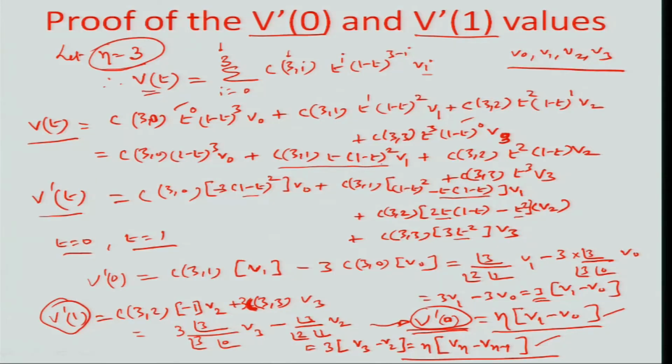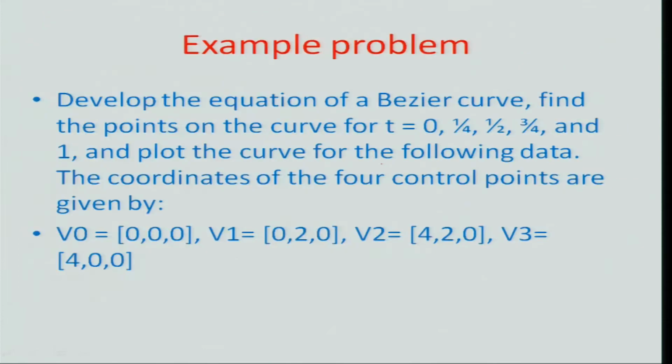So, we want to solve a practical example of a Bezier fit, where we want to develop the equation of a Bezier curve. We'll try to find intermediate points corresponding to t equal to 0, 1/4, half, 3/4 and 1. So, we are splitting it up into 0.25 increments, and we plot the curve for the following data points.